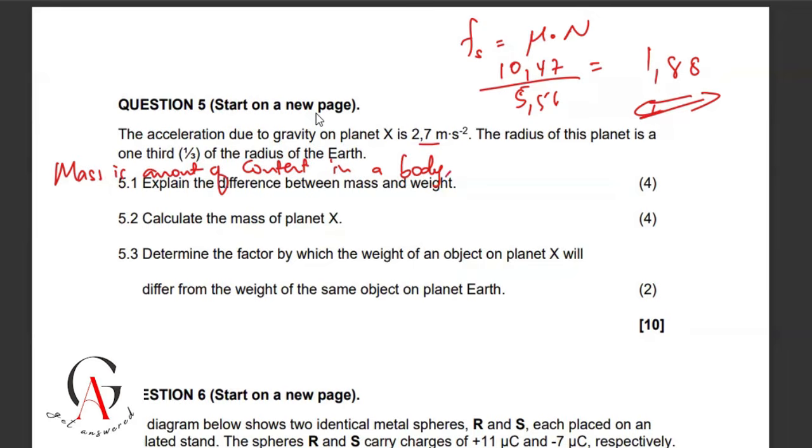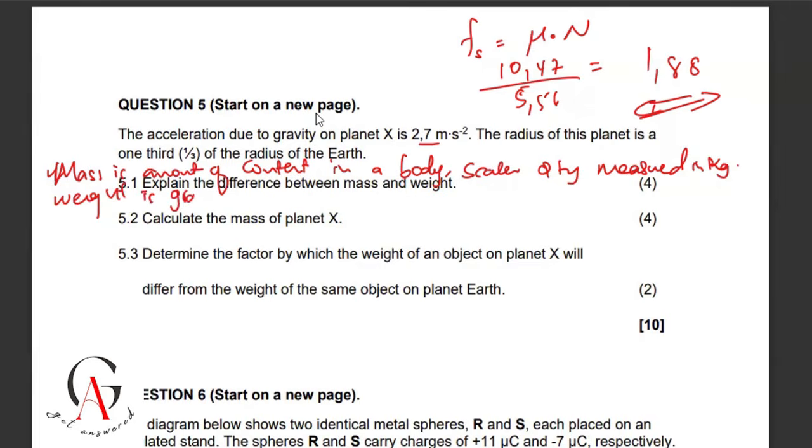Second, this mass is a scalar quantity that is measured in kilograms. And then weight, on the other hand, is a gravitational force that is exerted on the object.